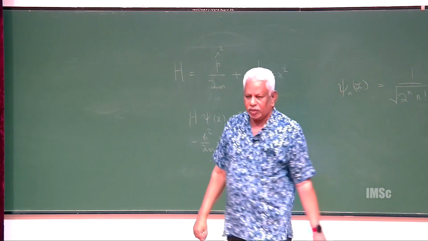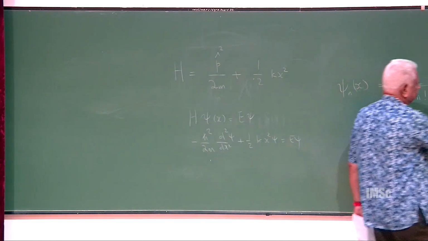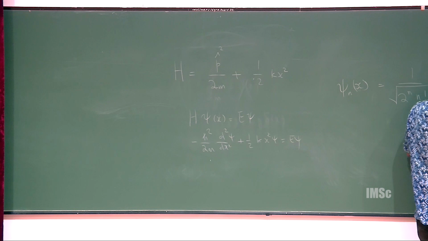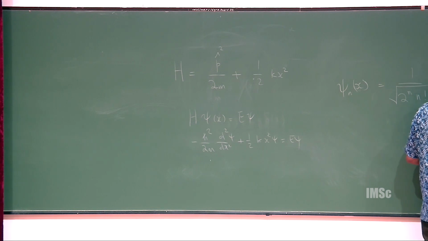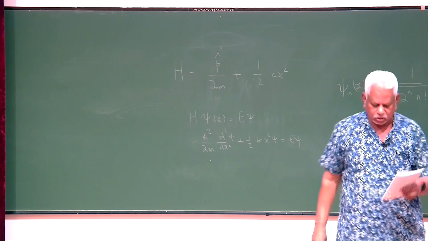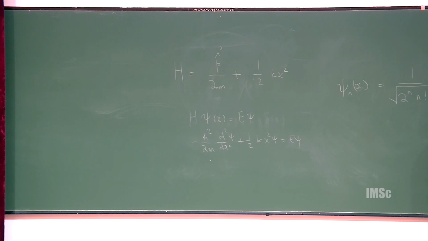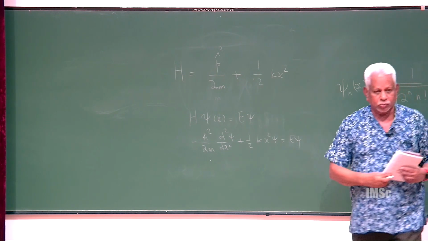It looks messy, but I will give it anyhow. And then e to the power minus mωx² divided by 2ħ. There may be some typos here, I do not have to check. And then Hermite polynomials, which a friend mentioned, it will be H_n of square root of (mω/ħ) times x. Okay, that is the function.